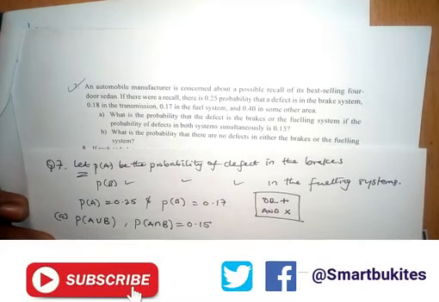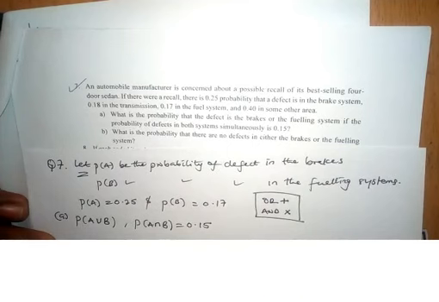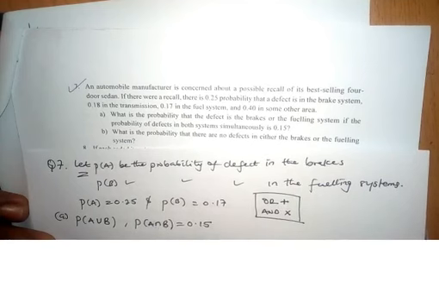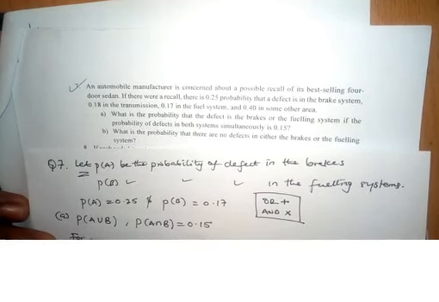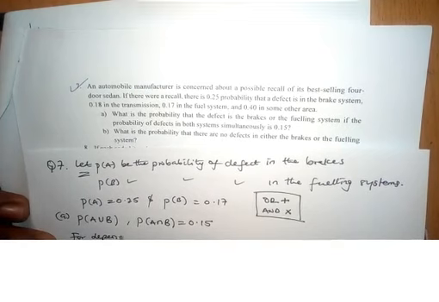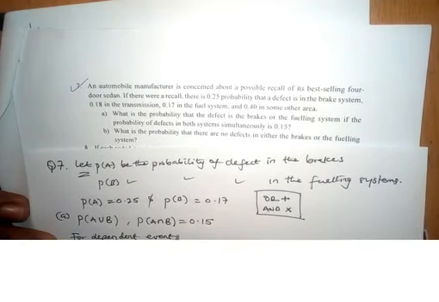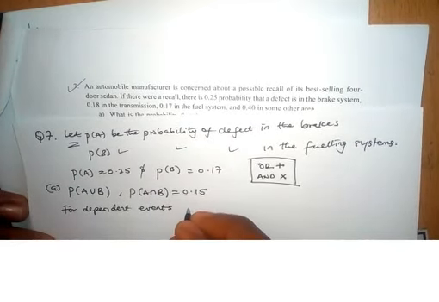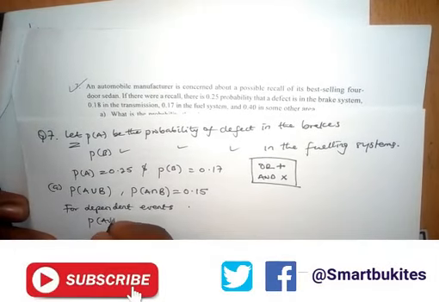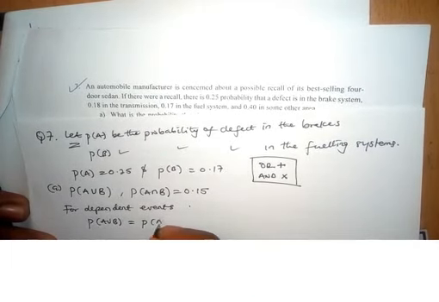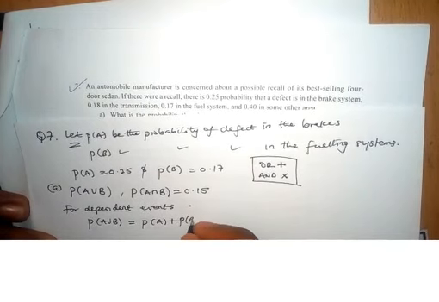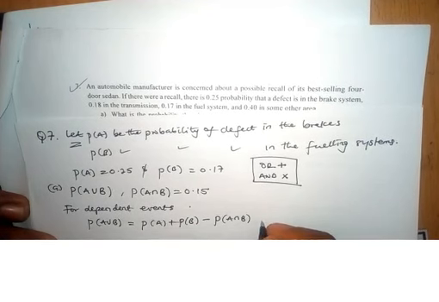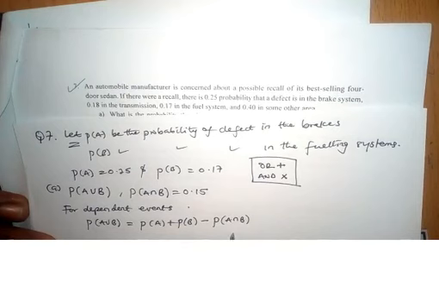So now, if you have events that intersect, P of A union B is equal to P of A plus P of B minus the intersection between the two events, that is P of A intersection B.